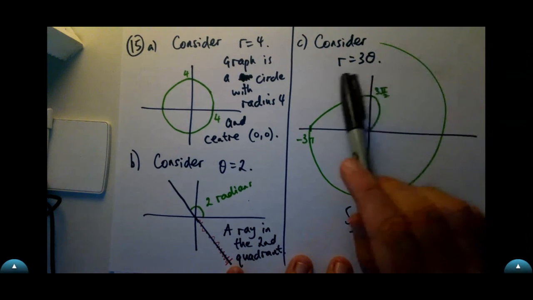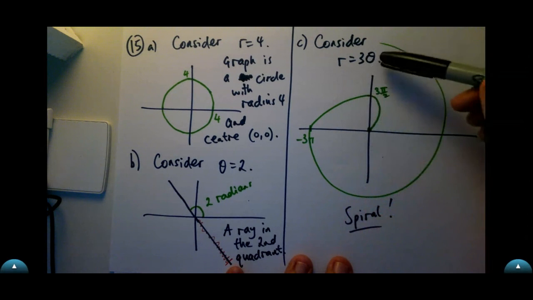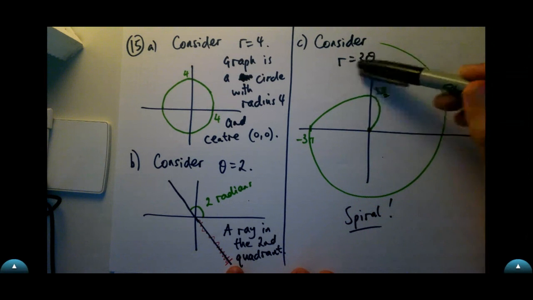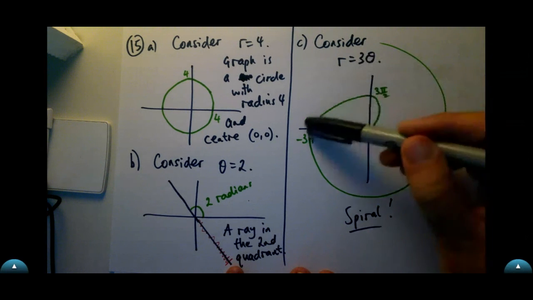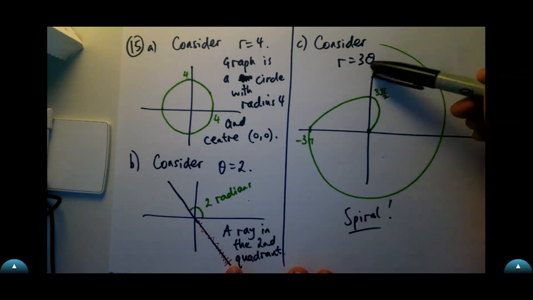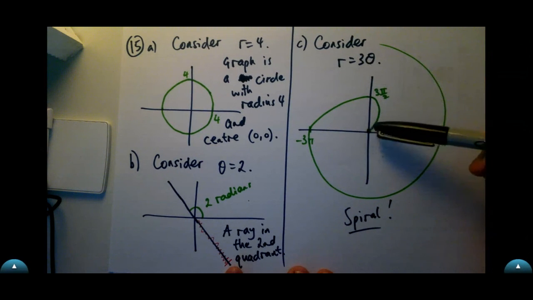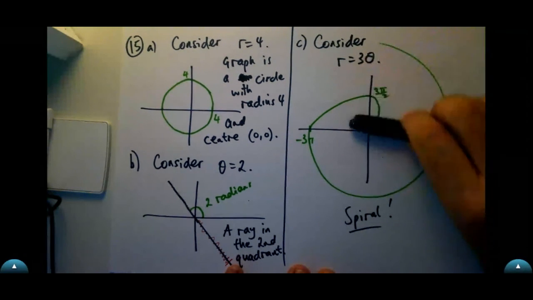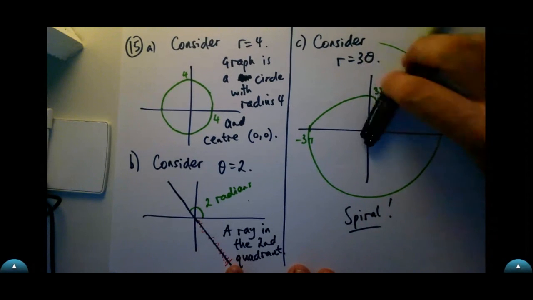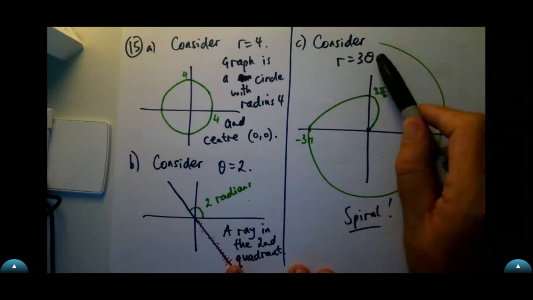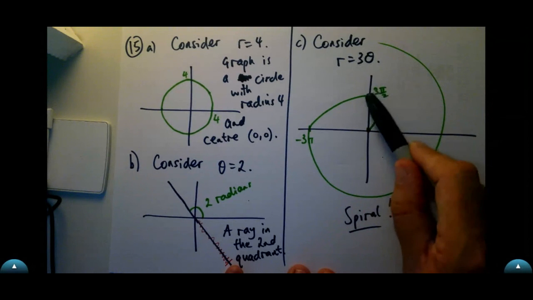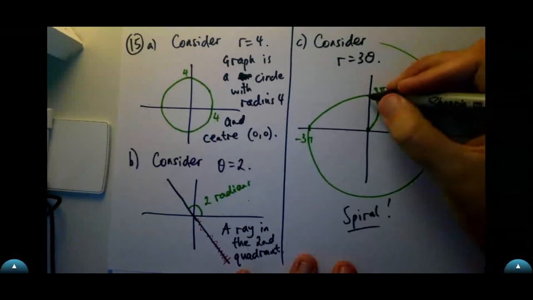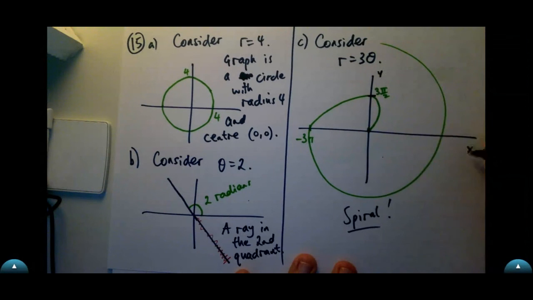Okay, so Nicholas, what I'm trying to do in part C is to find out what the relationship is between these two things geometrically, right? So here I've just started with theta equals 0 and I'm at the origin, right? And then what happens when I go through this turn? When theta goes to say pi on 2, this will be 3 pi on 2. So I'm right here. This is the 3 pi on 2 on the y-axis.